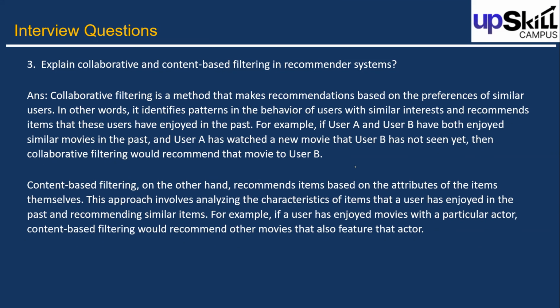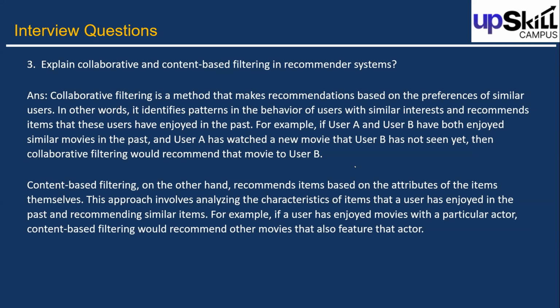I bought a toy, he bought a toy. I bought Alexa, he bought Alexa. Now, if I buy a book and Devendra has not bought a book of that nature, he would get the recommendation of the book because we are similar in preference.